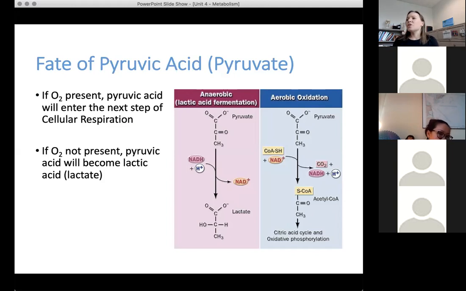But if there's insufficient oxygen levels, and that could be the case during really strenuous exercise when your muscles are using up almost all the oxygen that's available, in that case, pyruvic acid is converted into lactic acid.